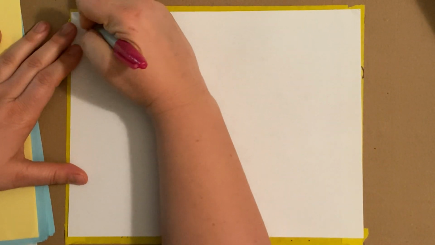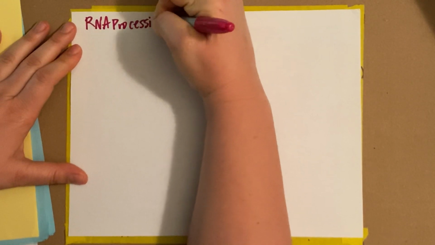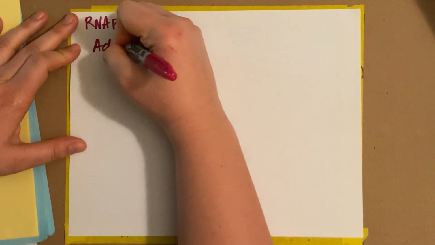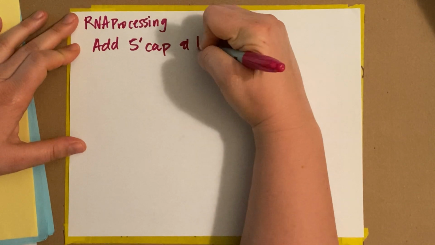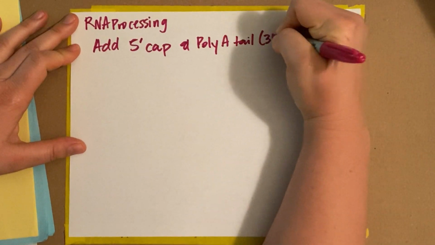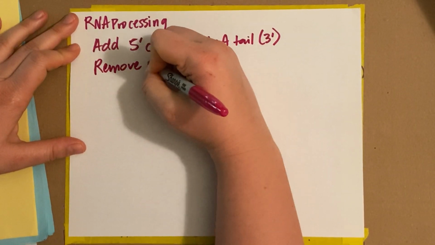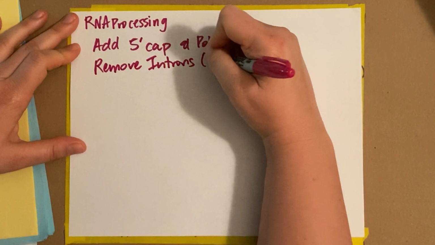Let me just review that very quickly. RNA processing: a couple things have to happen. You add a 5' cap and a poly A tail on the 3' end, and remove introns. This is through splicing.